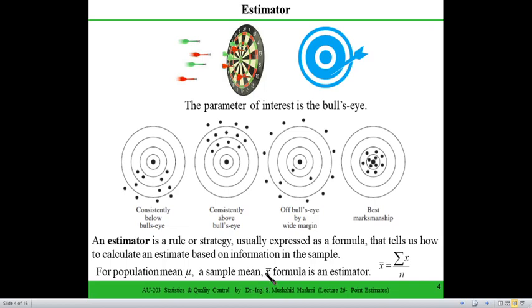The estimator, this formula, this rule, is that whatever your values of x, you take the sum and divide by the number of trials, and you get the sample mean. So the sample mean becomes a strategy or a formula. This sample mean, which you take from your sample in order to predict the behavior of your population, is called an estimator. The sample mean would be an estimator.